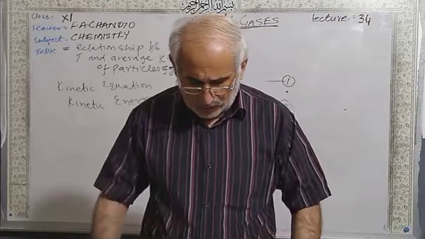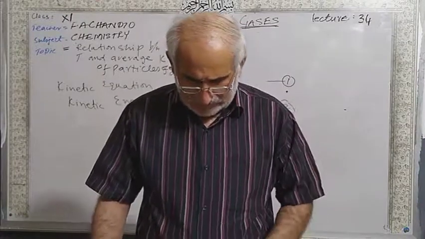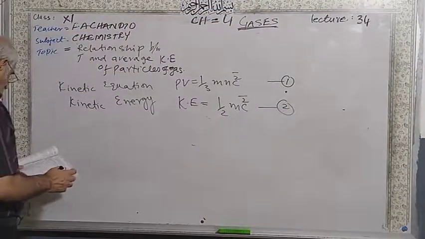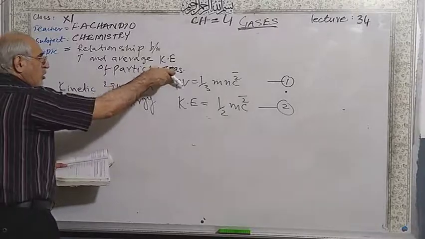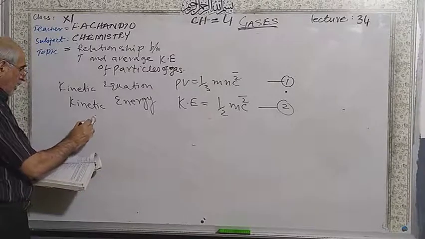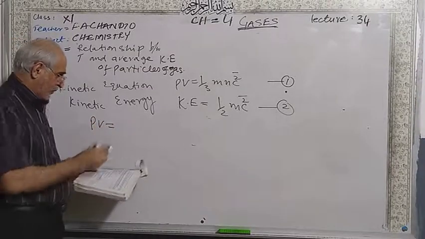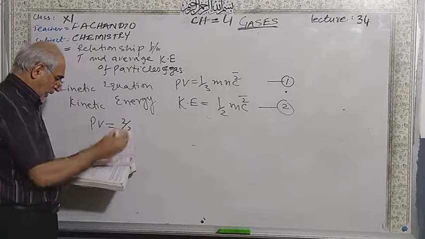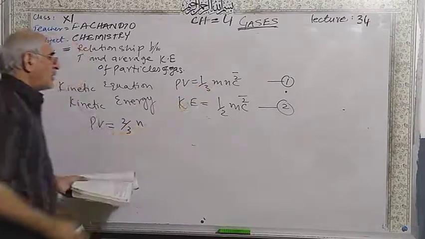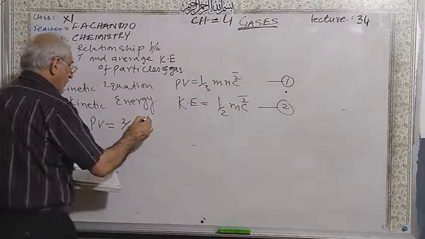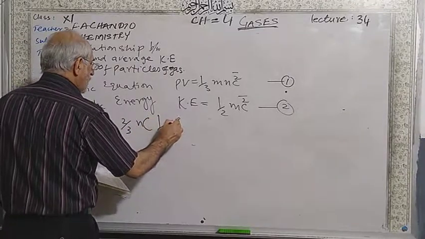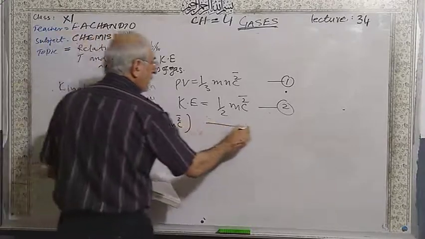If you multiply and divide by 2, then you have the equation PV is equal to 2/3 number of moles times half m c square bar.